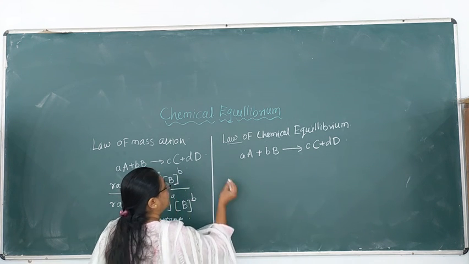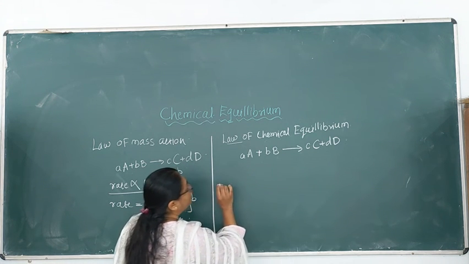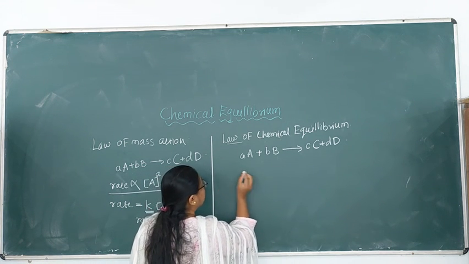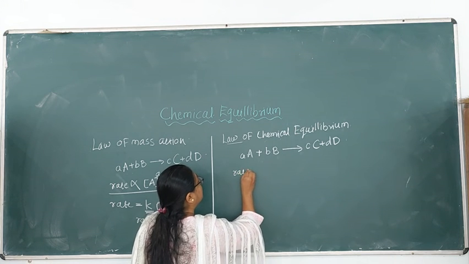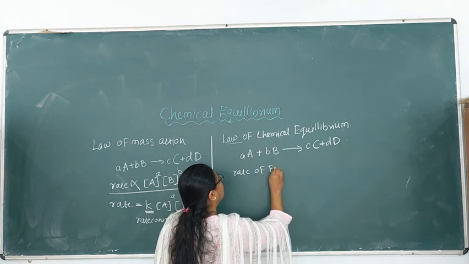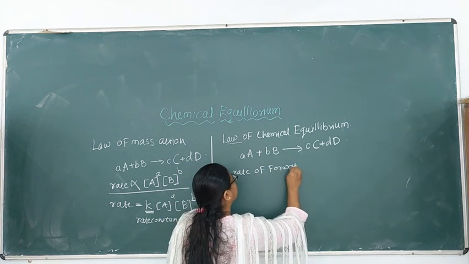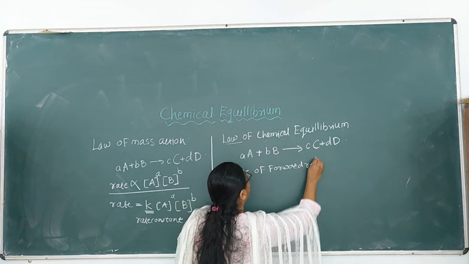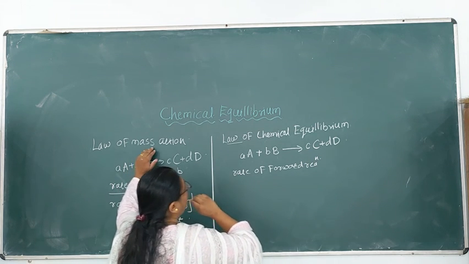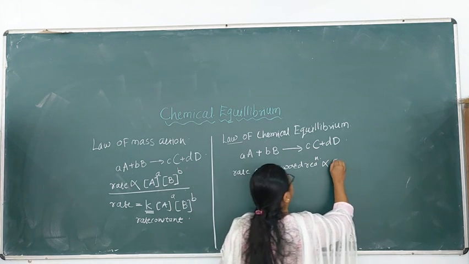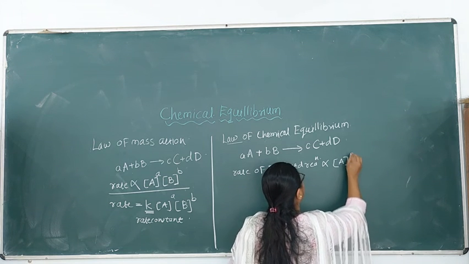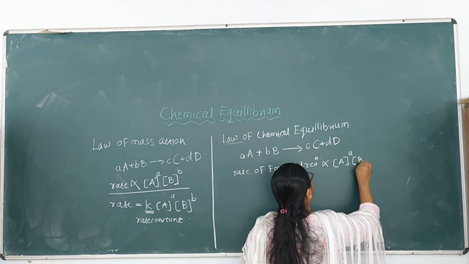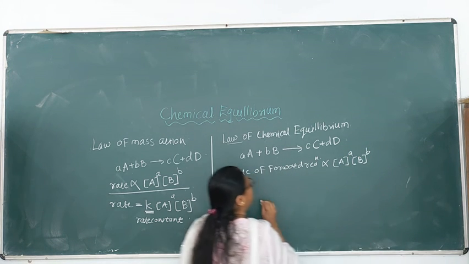Let's first write the equations for the forward and backward reactions. Therefore, the rate of the forward reaction, according to the law of mass action, will be directly proportional to the concentration of A raised to a, and the concentration of B raised to b.